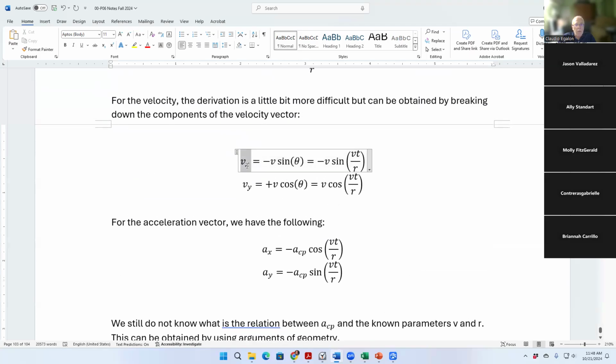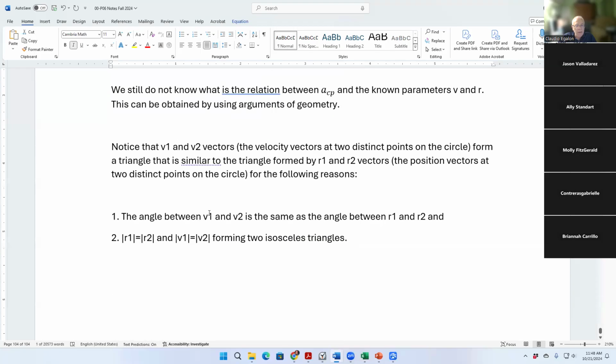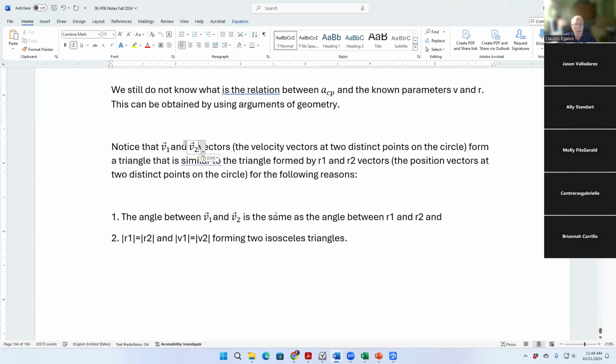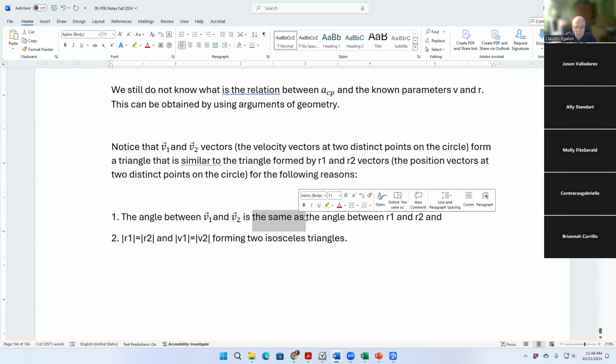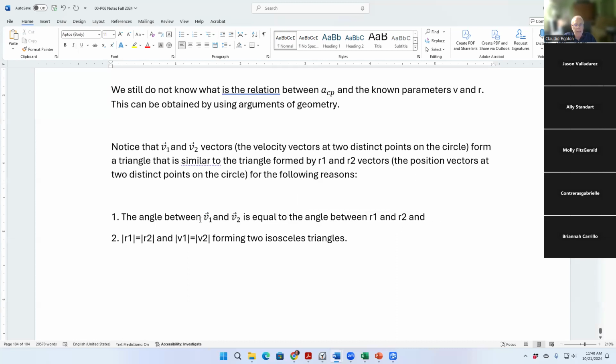Let's see, I'm going to get this one here, so it looks better, right? Here you go. 1, and then I'm gonna put the vector in there. Here you go. And V2. All I have to do is to change V1 here. The angle between V1 and V2 is equal to the angle between R1 and R2.